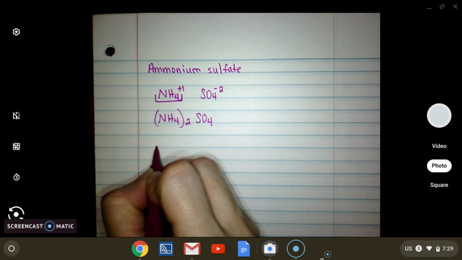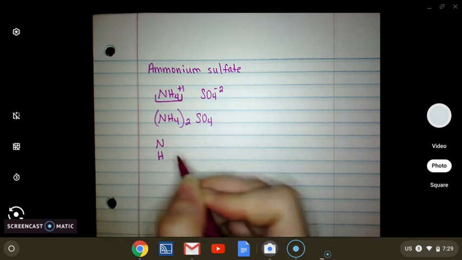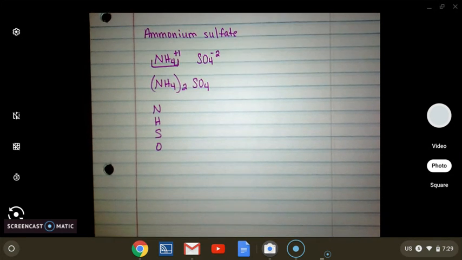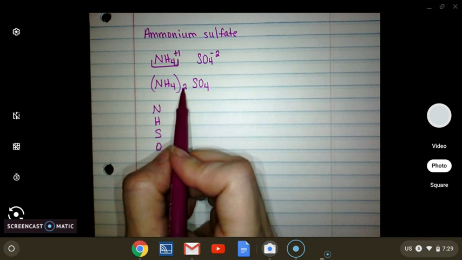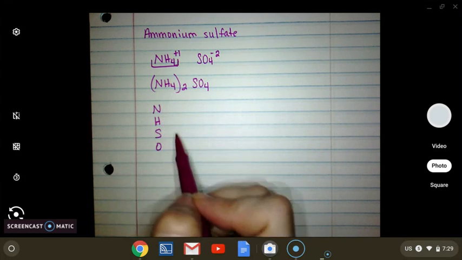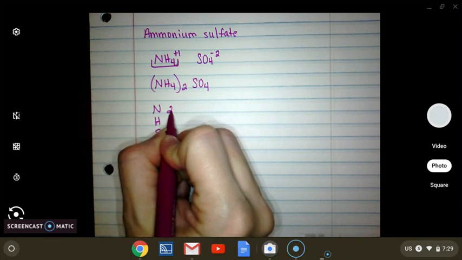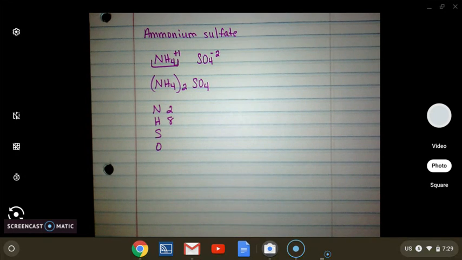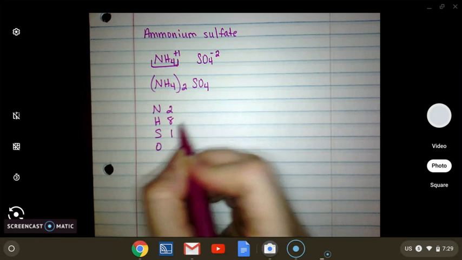All right, for molar mass, you have to split them up. So N, H, S, and O. Nitrogen, you're going to look here. This 2 goes with both of these. Remember, distributive property like in math. So nitrogen is 2. Hydrogen is 8, because 4 times 2 is 8. Sulfur is 1.